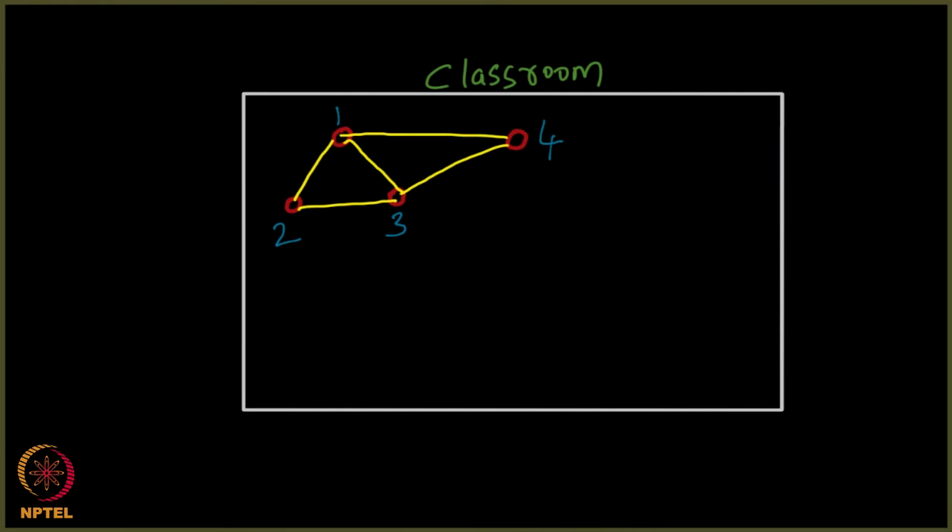Observe the degree of different vertices here. His degree is 2, right? And the degree of this is 3. This degree is 2. And the degree of the node 1 is 3. Correct? So let me put this in a box so that you know that I'm talking about degree here.